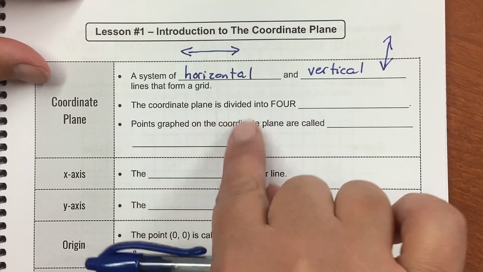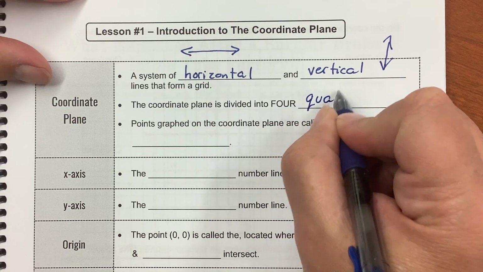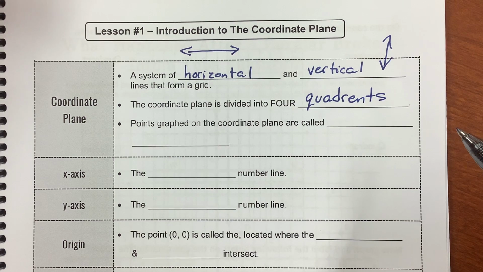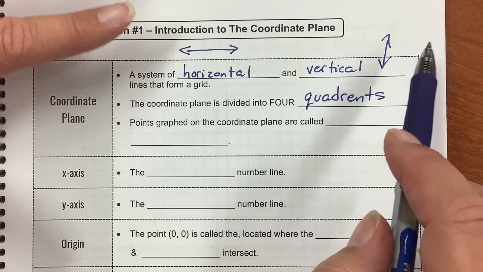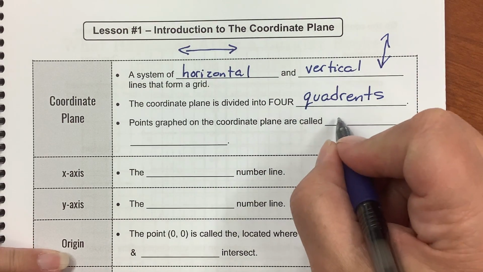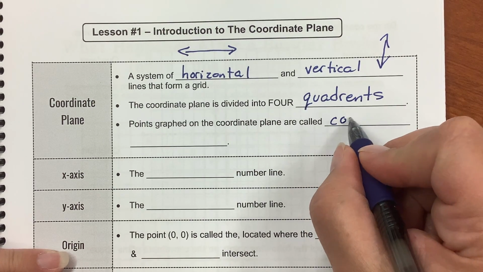The coordinate plane is divided into 4 quadrants. Now, quad means 4, so it makes sense that a coordinate plane would be cut into 4 quadrants, because if you intersect a vertical and horizontal number line, it forms 4 chunks. Points graphed on the coordinate plane are called, shockingly, coordinate points.